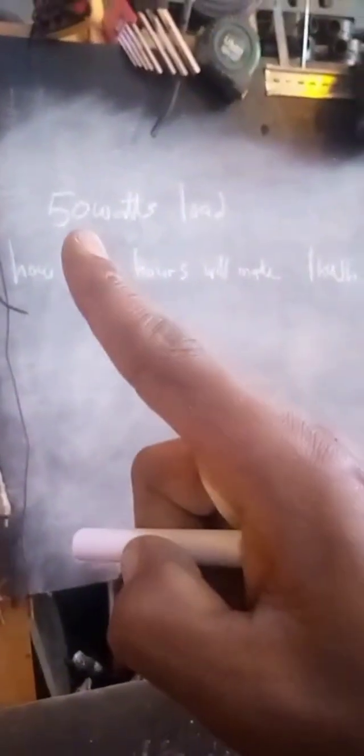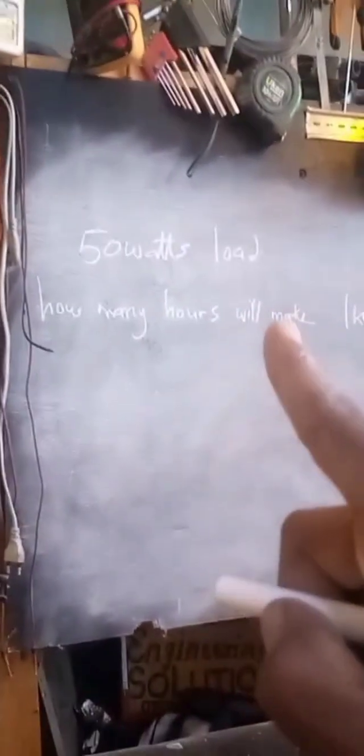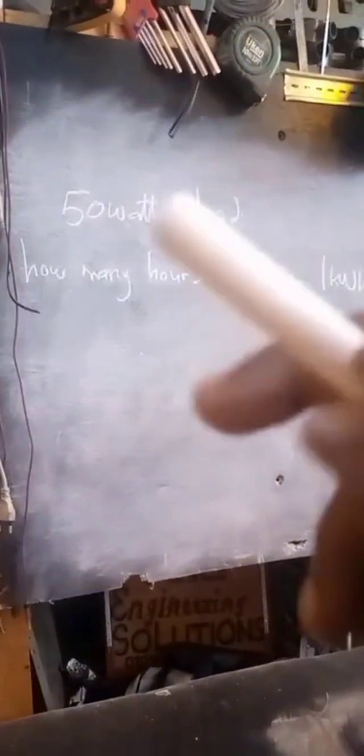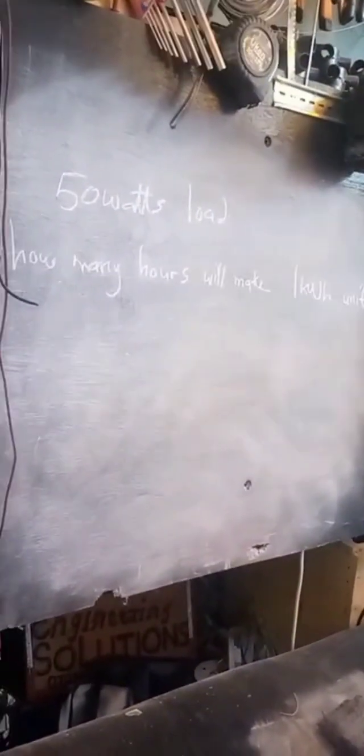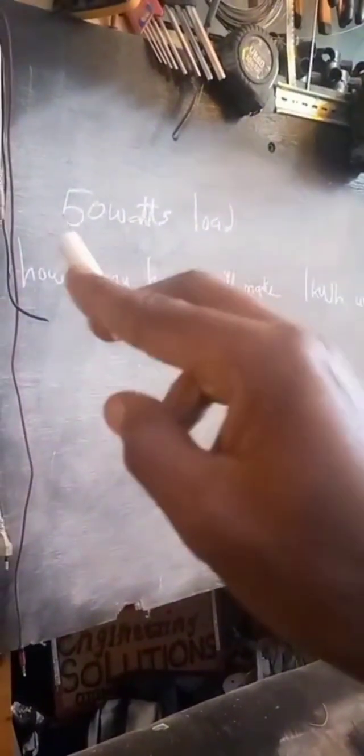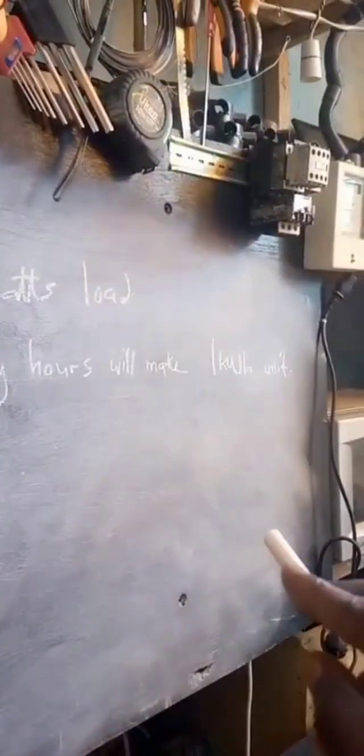So if I'm using a 50 watts load, let's say for example I have lights that are 50 watts in total. So how many hours will make 1 kilowatt hour? I hope you can see my question there. If I have a 50 watts load, how many hours will make 1 kilowatt hour?